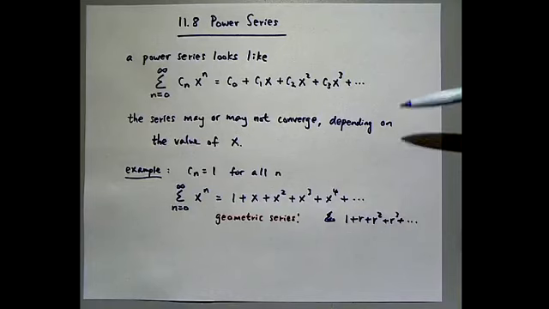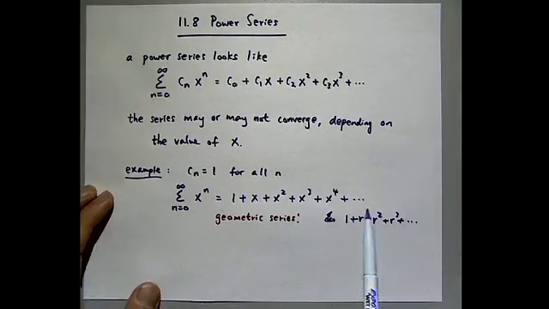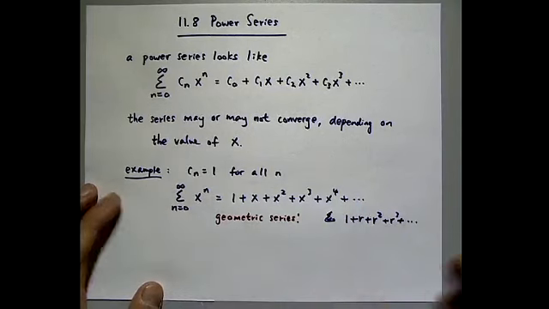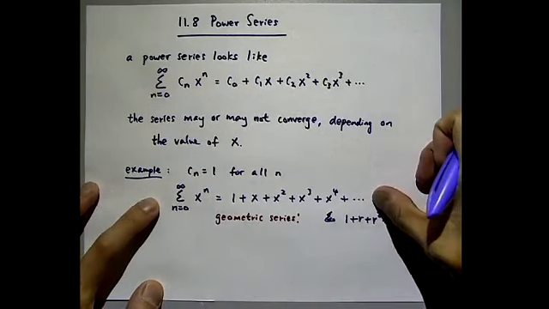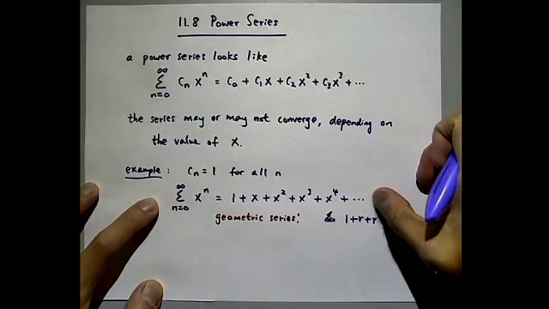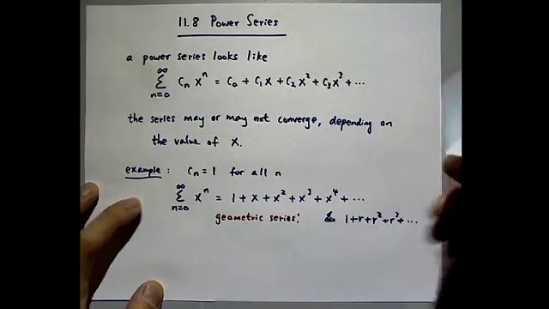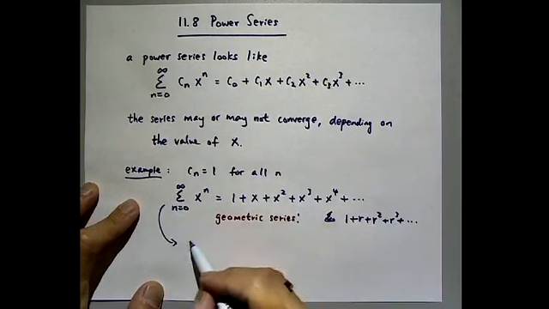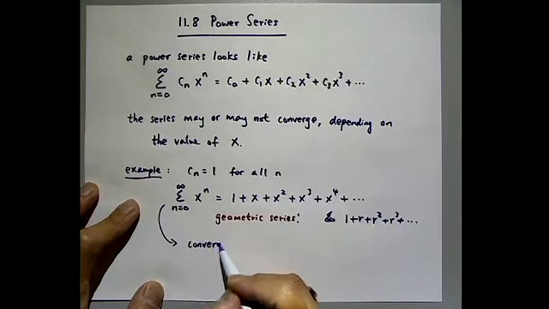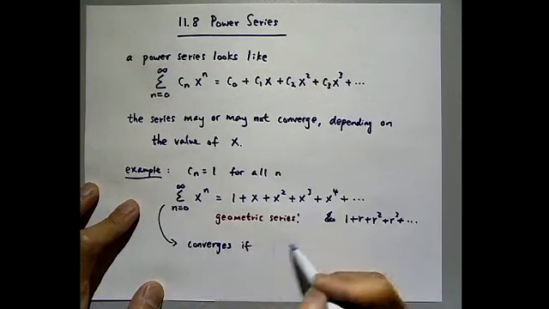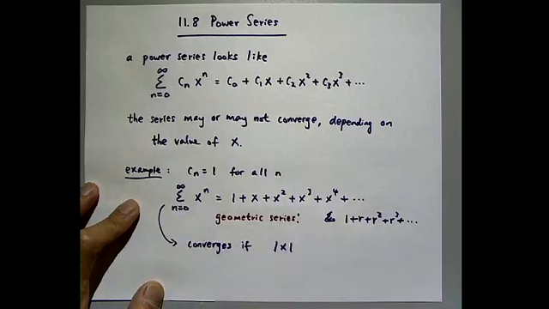So, can you tell me what x has to be for this power series to converge? Right, very good. It converges if the absolute value of x is strictly less than 1.